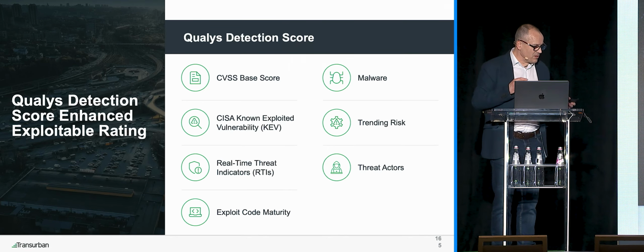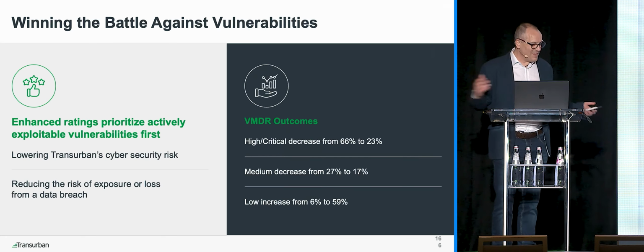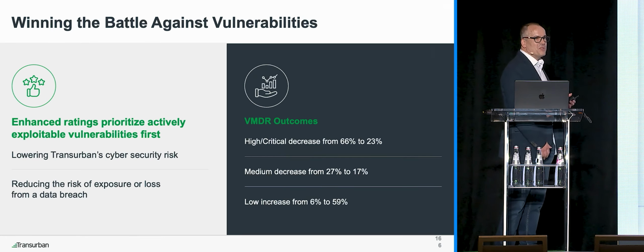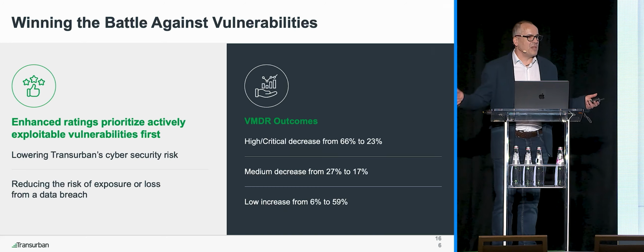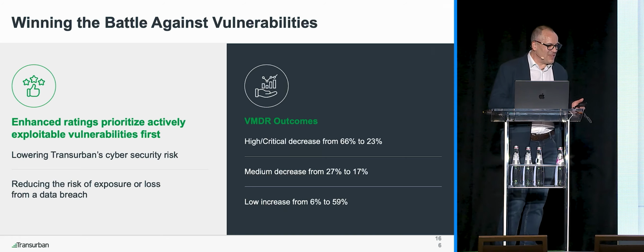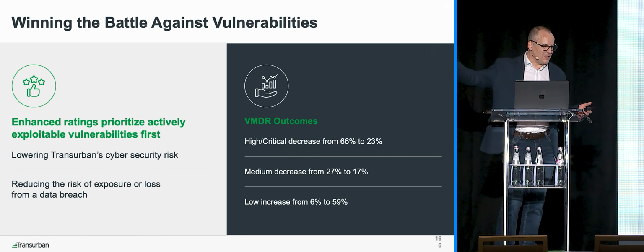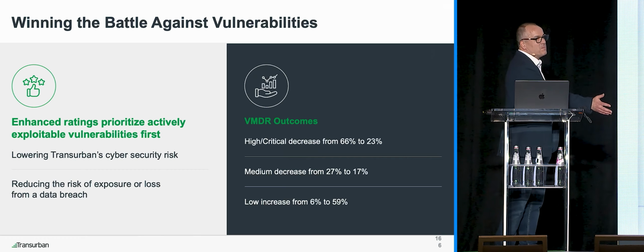And so, what were the results? Happy to share with you all that our high criticals decreased from 66 to 23%. And mediums decreased from 27 to 17, and lows increased from 6 to 59, right? So automatically you can see this is much more achievable.